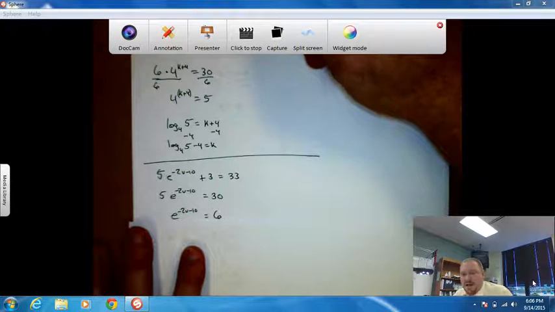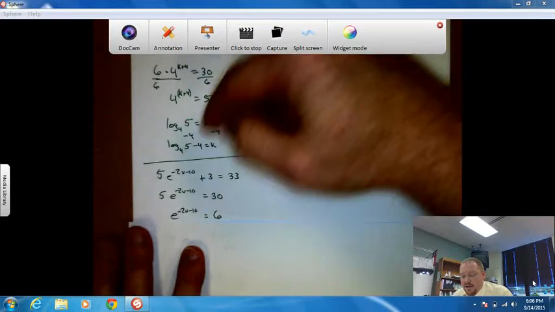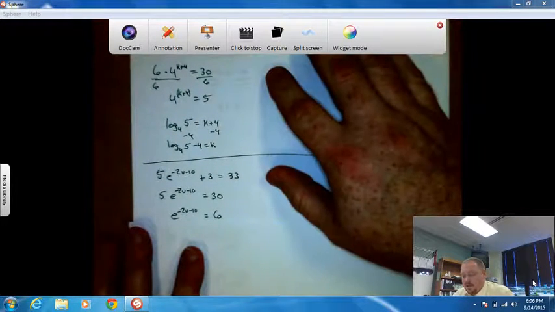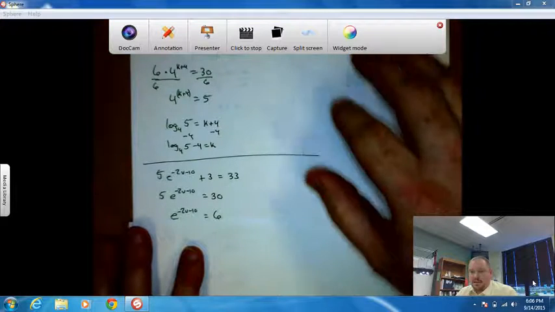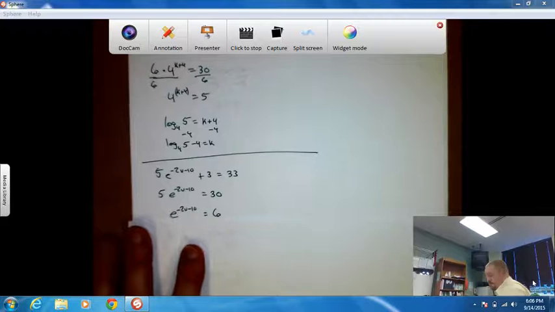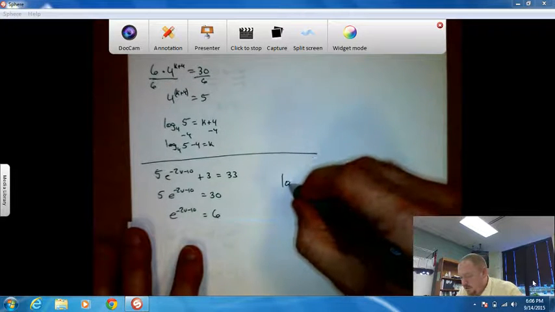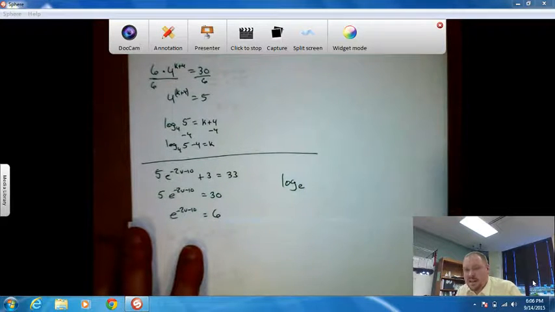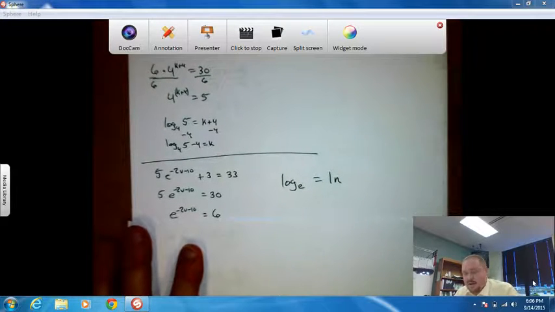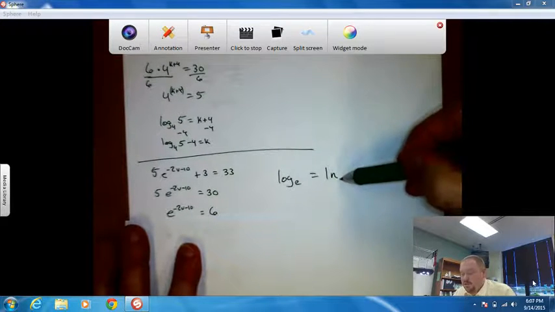So now I can convert this into log form. Now, log base e has its own special notation. Log base e is also written as ln, meaning natural log, and it's understood that the base of this is e.